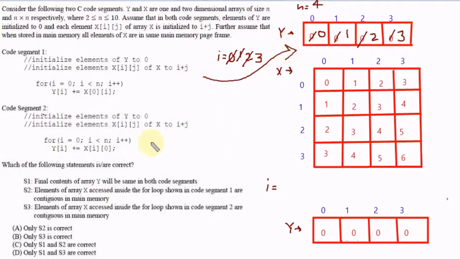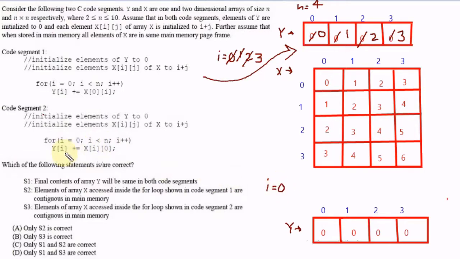Now we are going to execute our segment 2. We have done the same thing in code segment 2. For code segment 2, we have initialized the elements of y with 0, and we have initialized the elements of x with i plus j. Now we initialize our variable i with 0, and this condition is true.